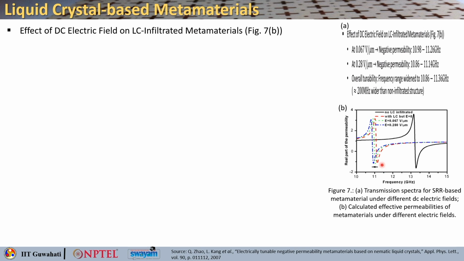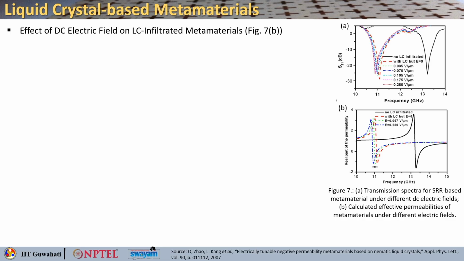Then you can apply a DC electric field slowly on this liquid crystal infiltrated metamaterial, and you will see that when the electric field is 0.067 volt per micrometer, the negative permeability shifts towards lower frequency.